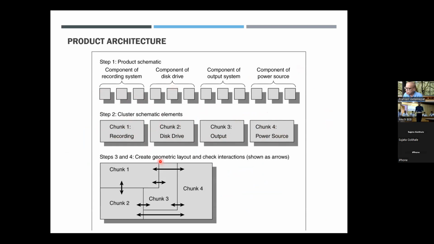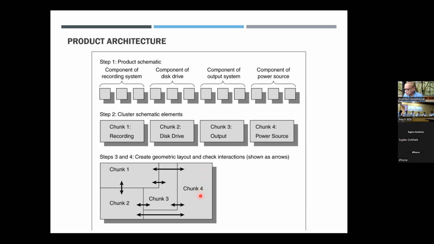If you put these chunks together, you have the product, but you need to really understand how geometrically they are to be positioned, especially from the point of view of interactions, how these interactions happen, and whether every chunk has to interact with everything.